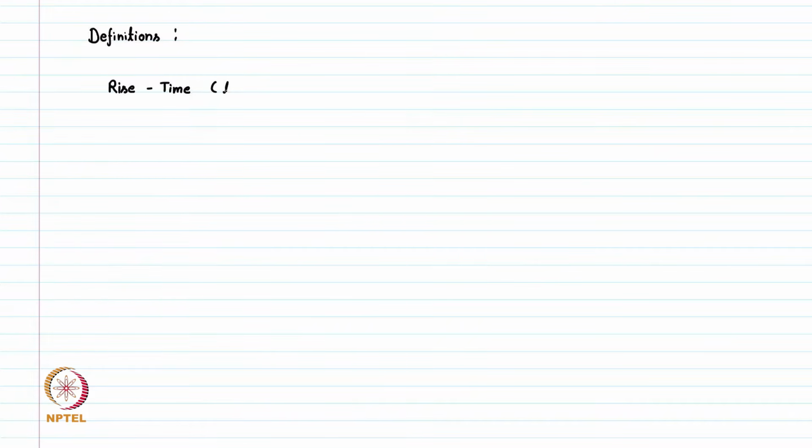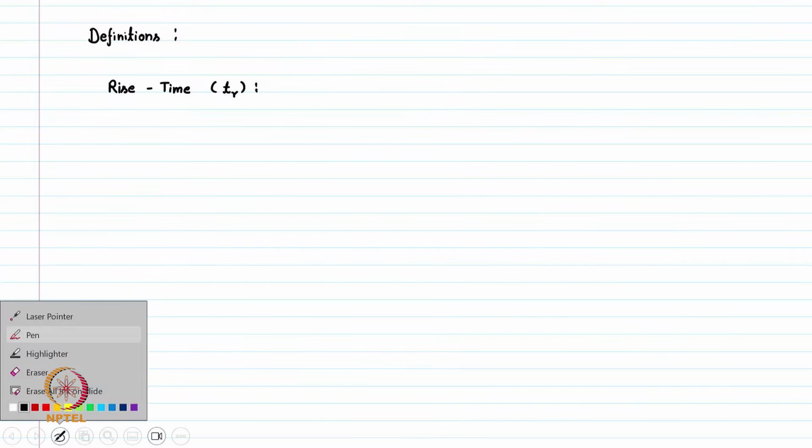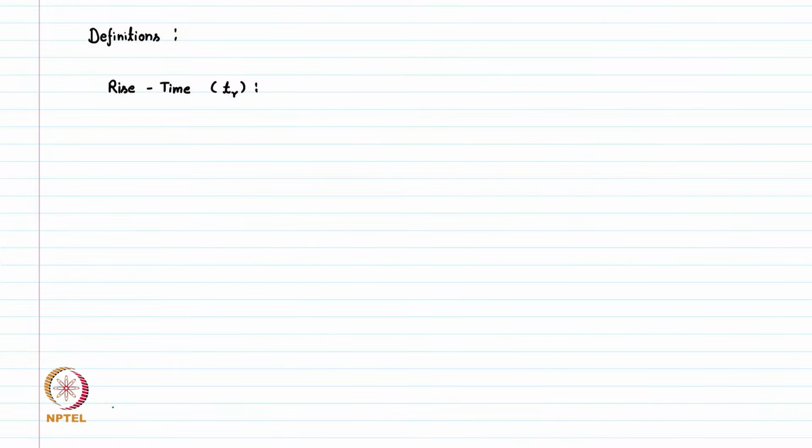We represent it by TR. Time to rise from 10% of VDD to crossing 90% of VDD.